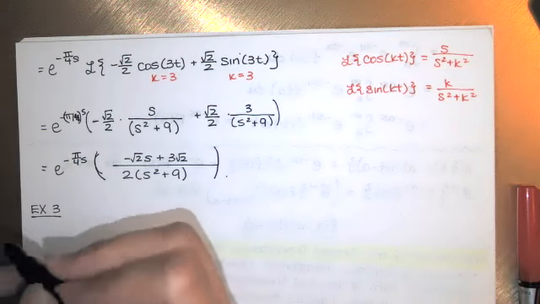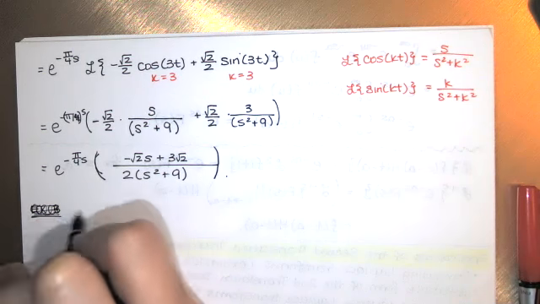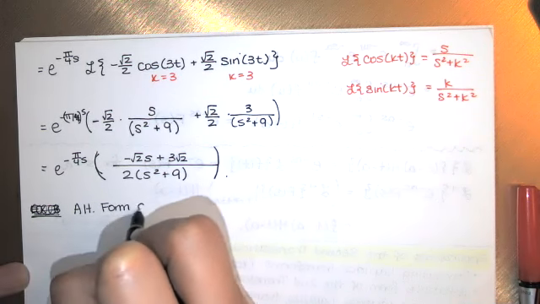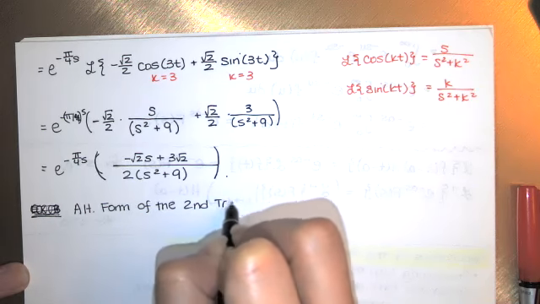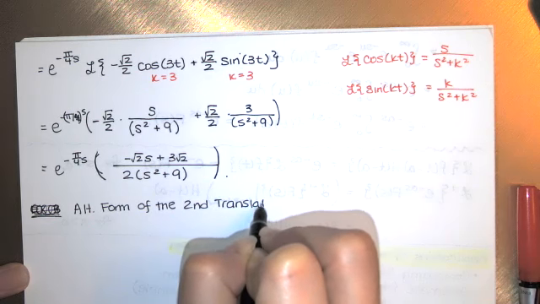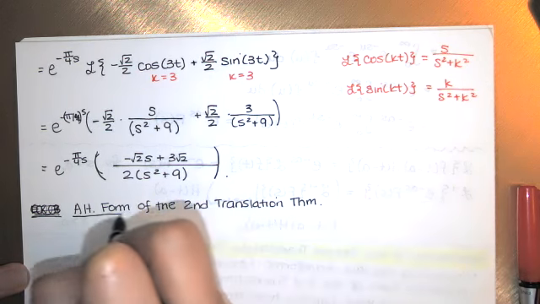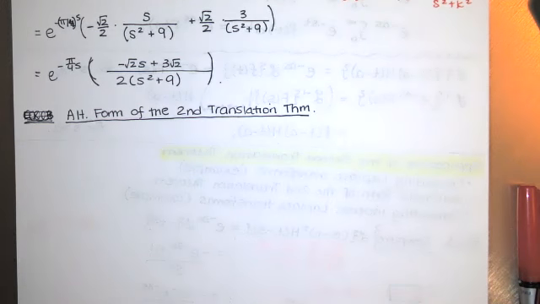So let's say, actually, I'm not going to do another example here. Okay, so let's say we want to come up with an alternate form of the second translation theorem.